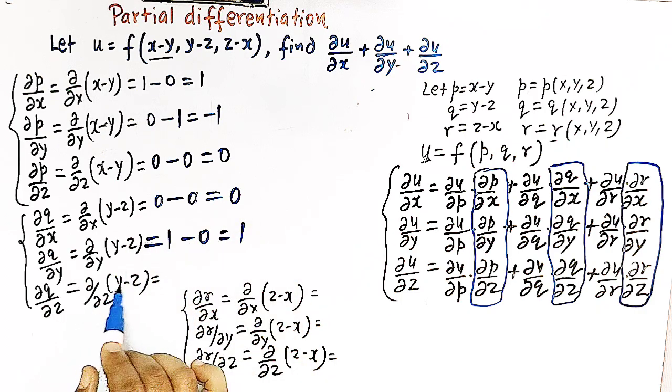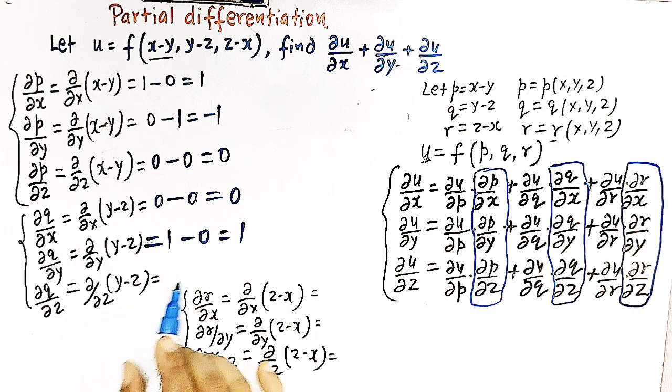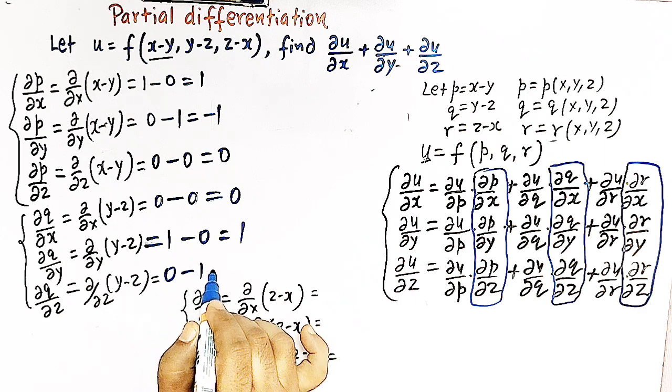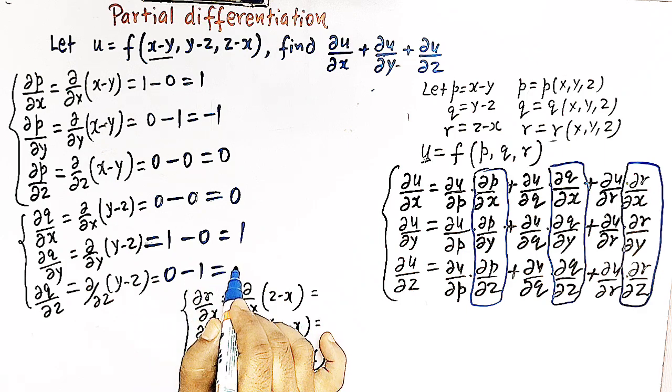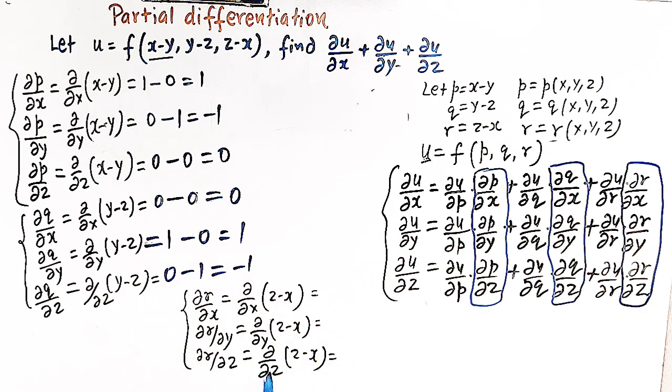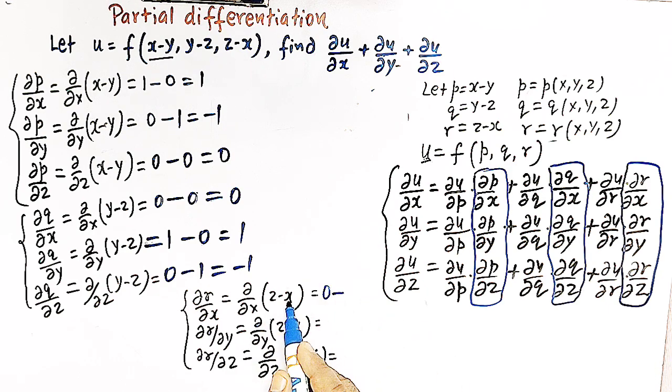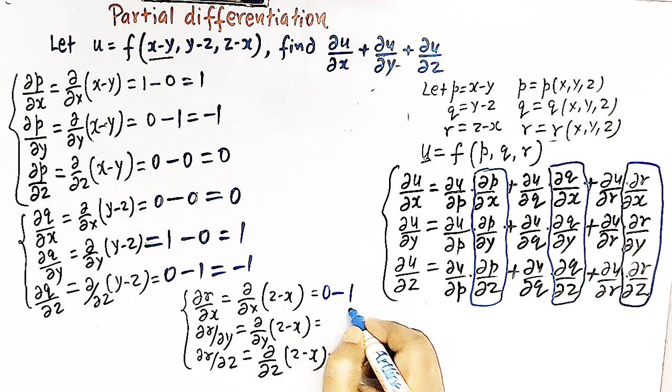And here the partial derivative of y with respect to z is 0, and the partial derivative of z with respect to z is 1. So here we have minus 1, and here the partial derivative of z with respect to x is 0. Here the partial derivative of x with respect to x is 1.